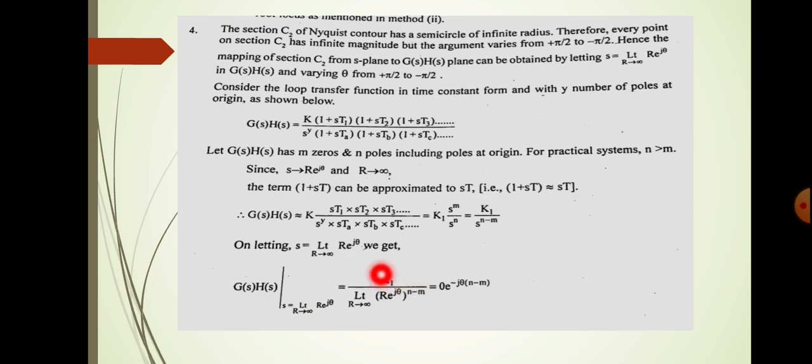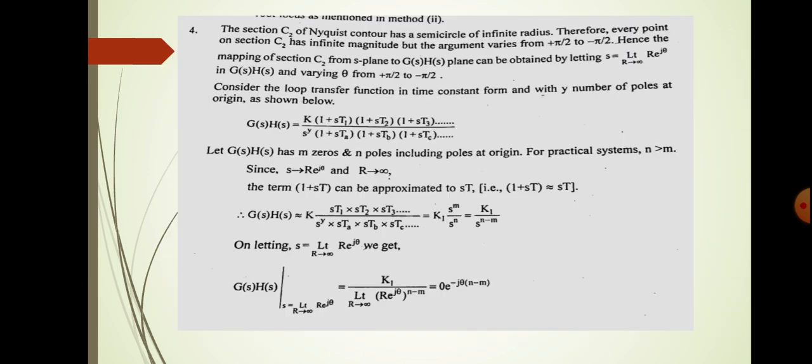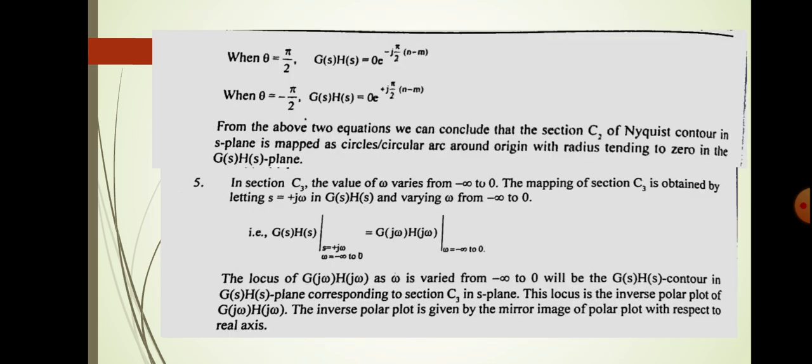Since there is a term 1 by r, and r is infinity, 1 by infinity is equal to 0. So we can write it as 0 into e raised to minus j theta into n minus m. Here 0 represents the r value. Similarly, another condition is that in the case of C2, the argument varies from plus pi by 2 to minus pi by 2.